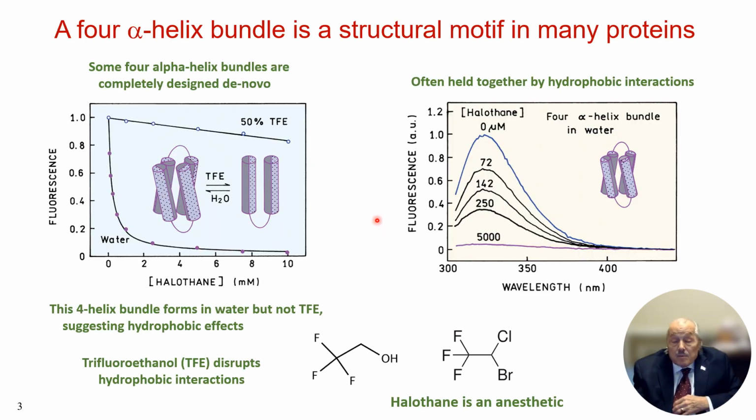And the first we're going to start with is a 4-helix bundle, which is a structural motif in many proteins. You can sometimes find these in natural pieces of proteins. Probably more often these days, these are designed by molecular modeling so that they will form a 4-helix bundle.